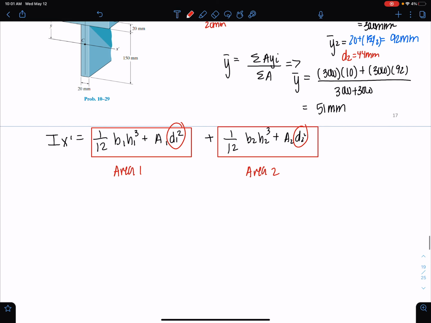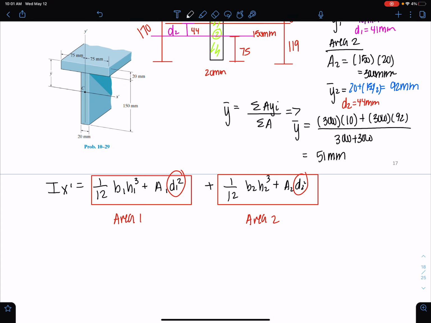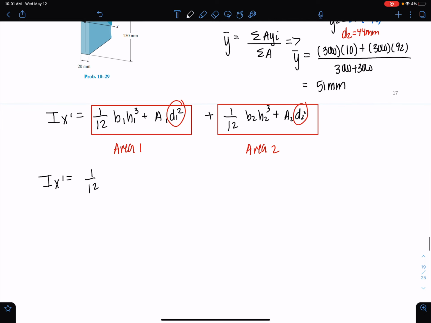Now we have enough info to plug into these two equations. Ix prime equals 1 over 12 times base of area 1, which was 150, times height 20 cubed, plus area 150 times 20 times d1 squared.